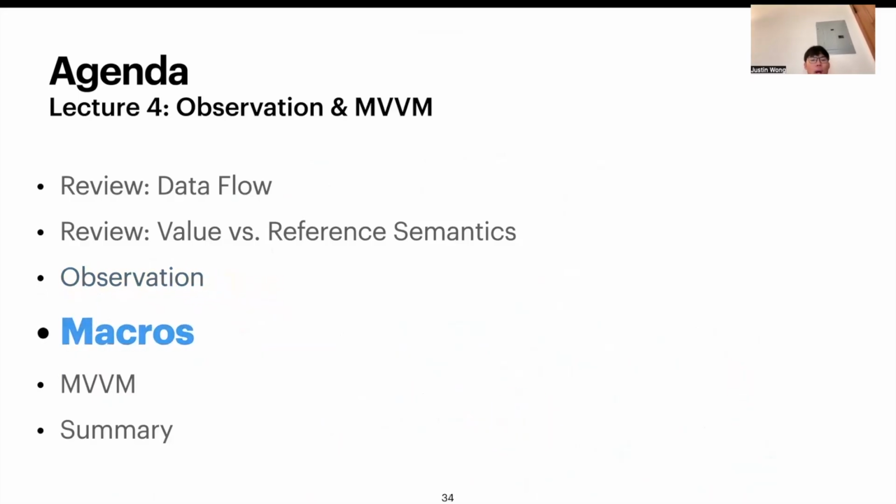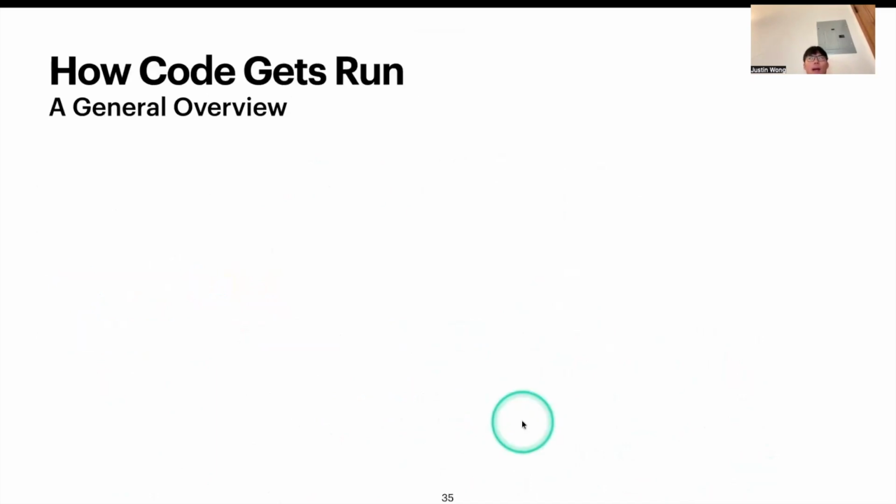All right, so that is observation. Once we see a concrete example of how we could use observation, I think it's going to make a lot more sense. Next, let's talk about macros. The reason we're talking about macros is that to use observation, we're actually using macros.